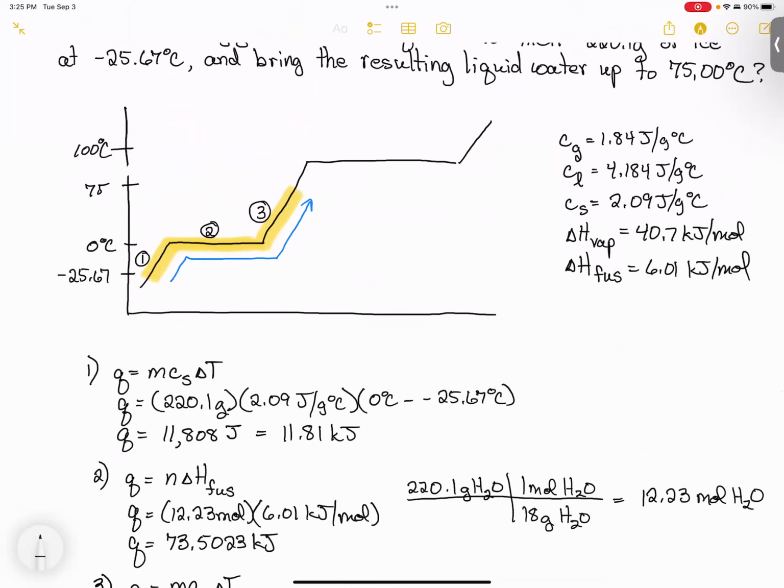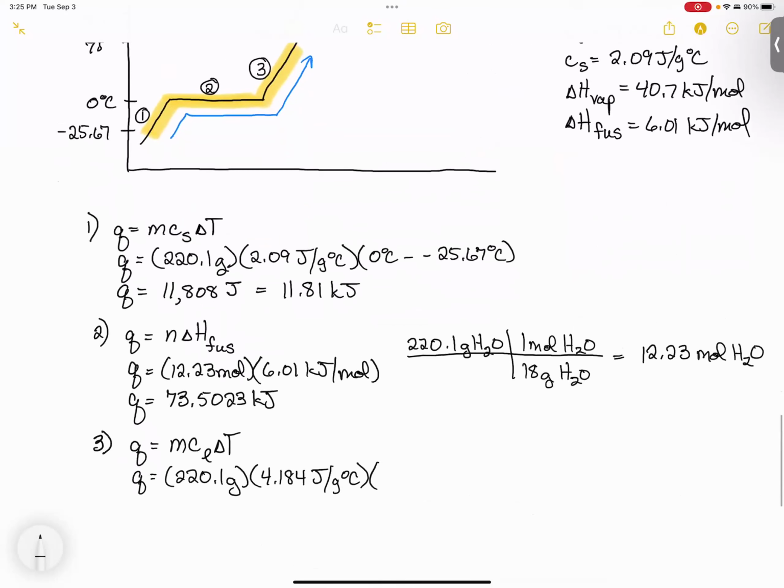What is the final temperature of this particular segment? 75, because that's where we're stopping. And what was the initial temperature of that segment? 0, because that's where that segment started.